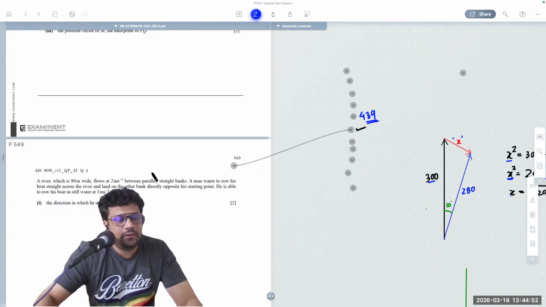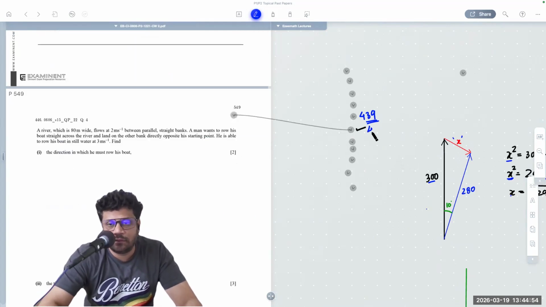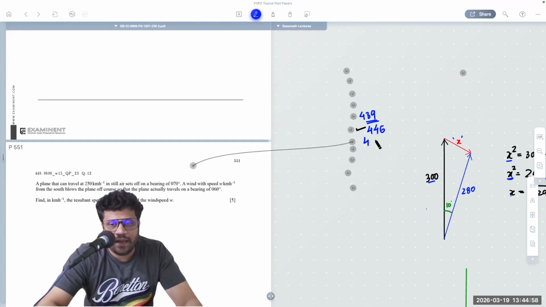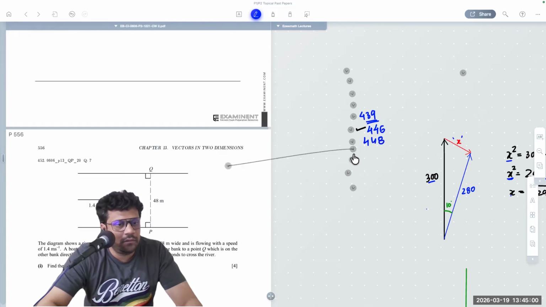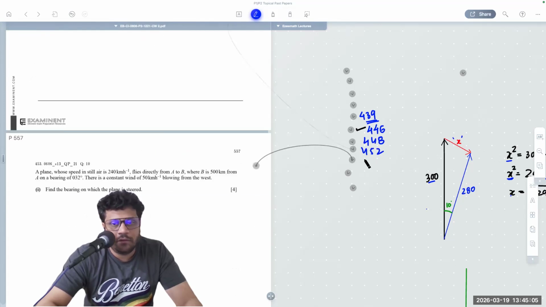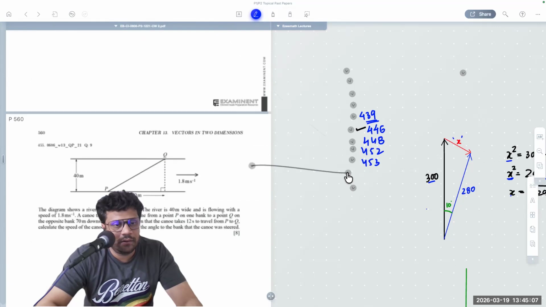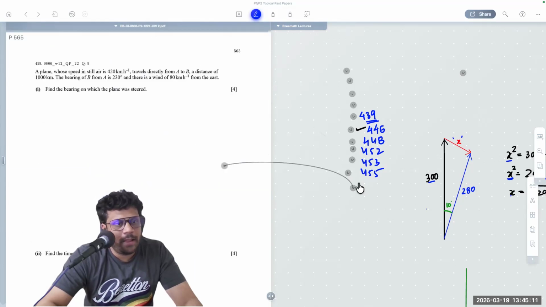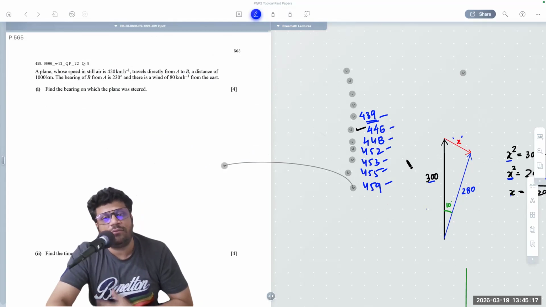Next, 446, P2 book. 448, 452, 453, 455, and 459. 1, 2, 3, 4, 5, 6, 7 questions. 7 questions if you do.